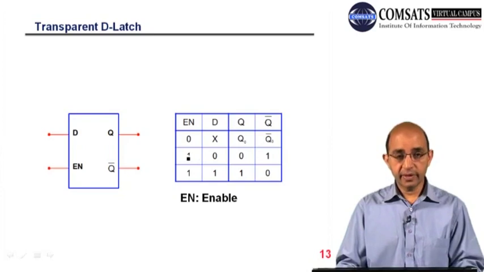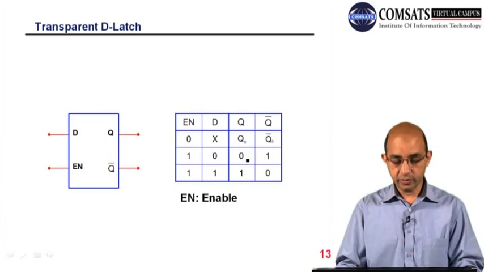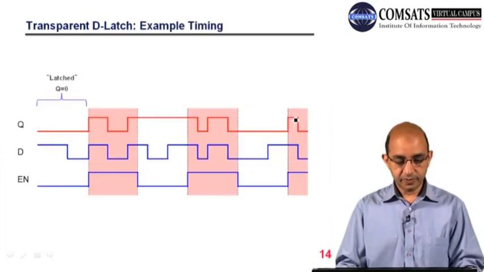When enable is high, Q follows D. So on enable high, the input is transferred to the output, or a gate is open and input is received at the output. So this is the transparent latch.